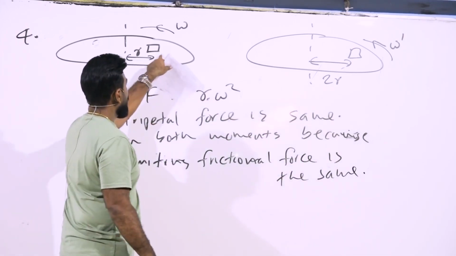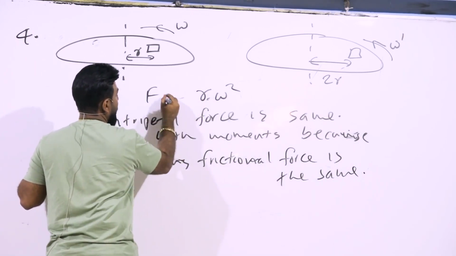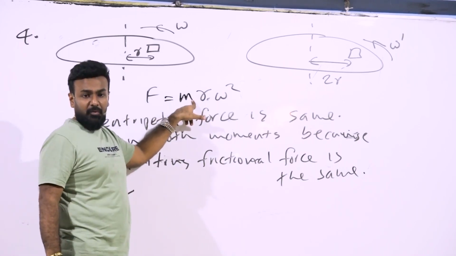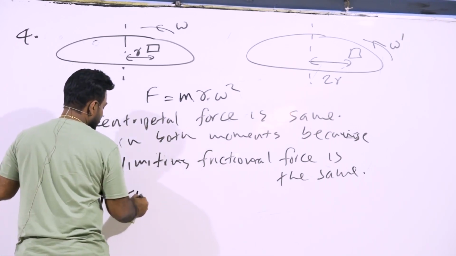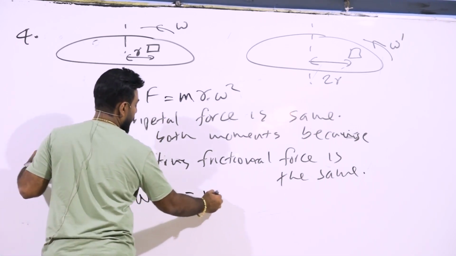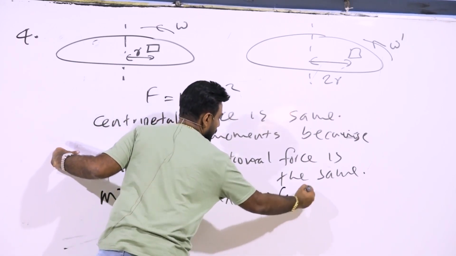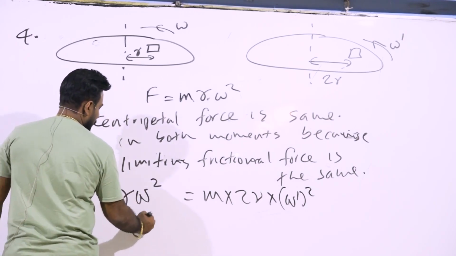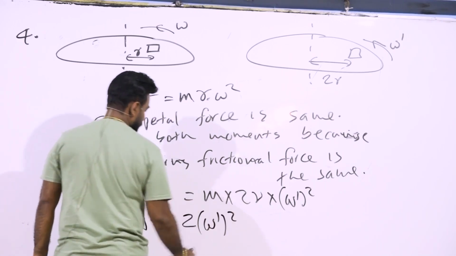So here, m r omega squared, the acceleration is r omega squared, and friction gives m r omega squared. And m r omega squared equals m times 2r into omega dash squared. So m and r cancel: omega squared equals 2 omega dash squared.